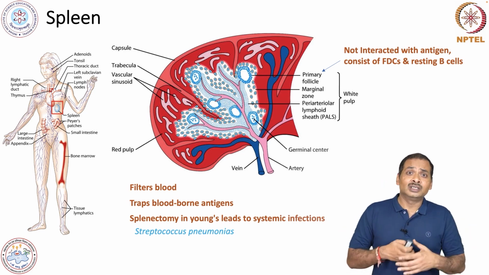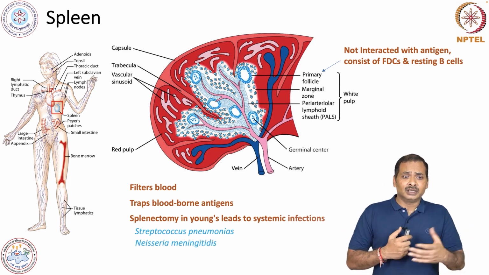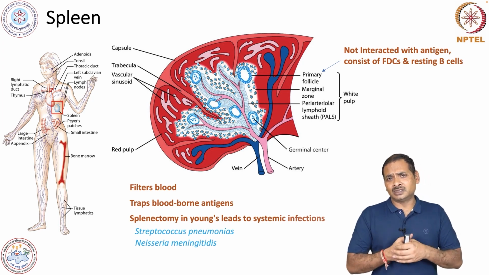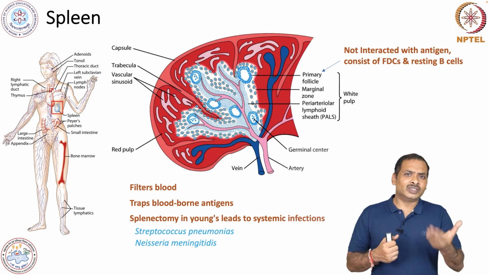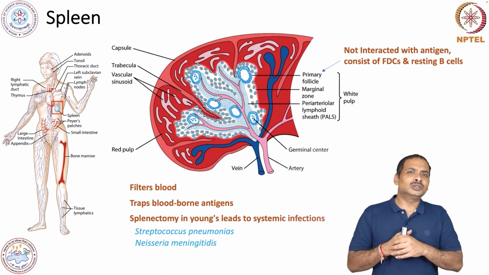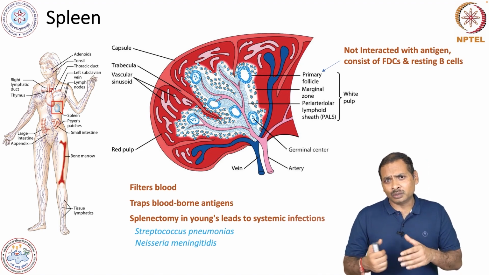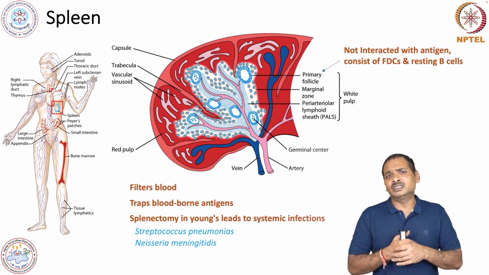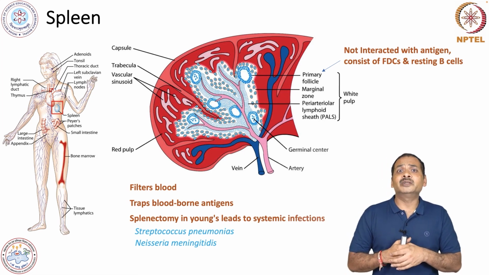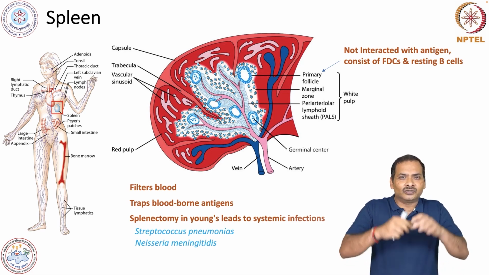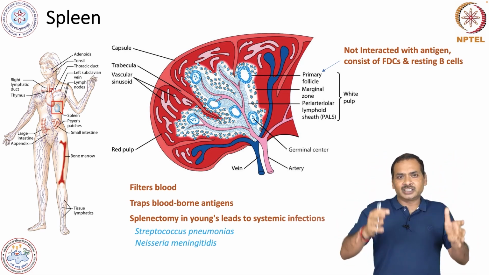It can affect the central nervous system. Another is Neisseria meningitidis. Infection with this bacteria results in neurological problems. It affects the central nervous system and meninges. Probably you remember that the meninges are the covering over the brain and spinal cord.